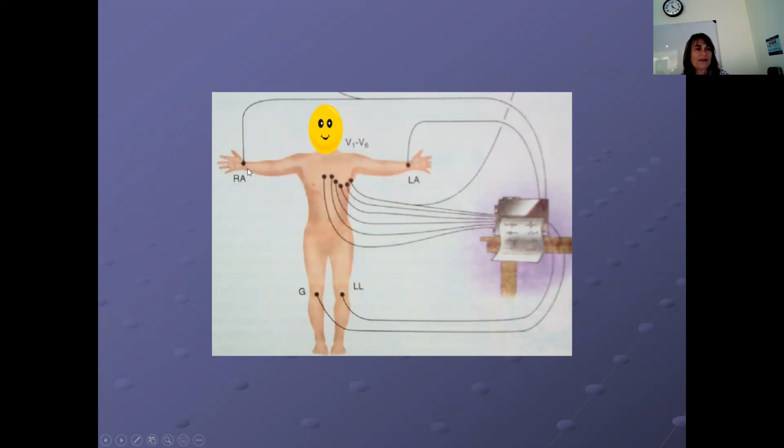When you place it on the right wrist, it's called right arm. Then left arm. The one that goes on the right leg, here it shows it on the knee, but it's typically on the ankle. And the right foot is called the ground. And then the left foot is LL, for left leg.